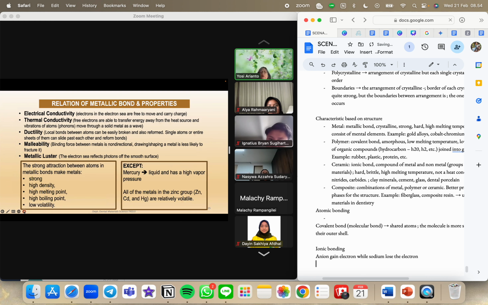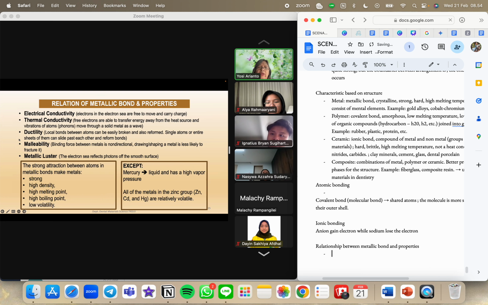Okay. Now I would like to share a little bit about the relation of the metallic bond and the properties. For the metals, they have the property of electrical conductivity. You know better about this, yeah? So the electrons in the electron sea are free to move and carry charge.